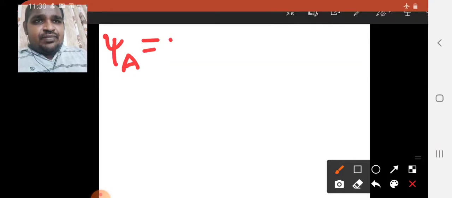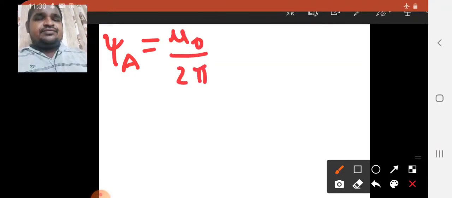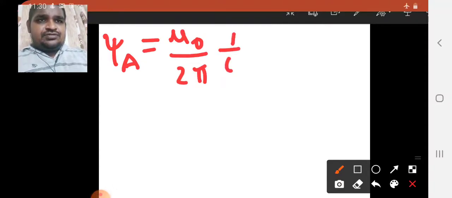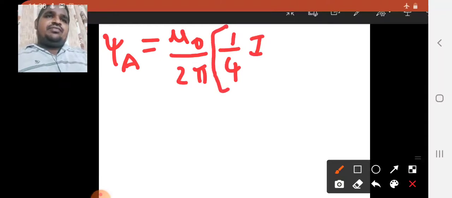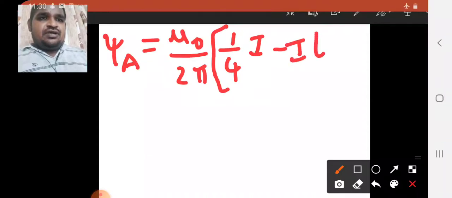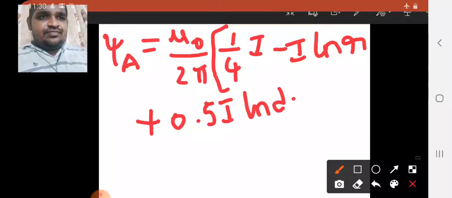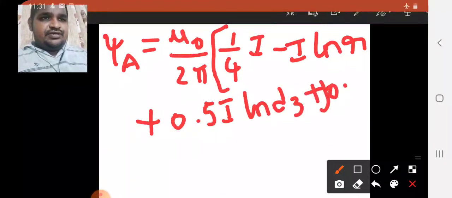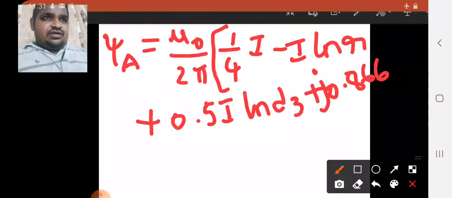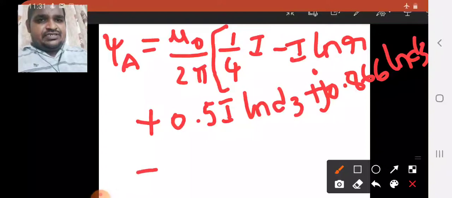Then it will be mu naught by 2 pi, 1 by 4 into I minus I into ln R, next plus 0.5 I ln D3, next plus J 0.866 ln D3. Yes, we substituted IB.